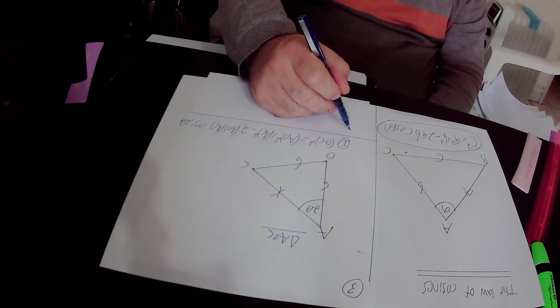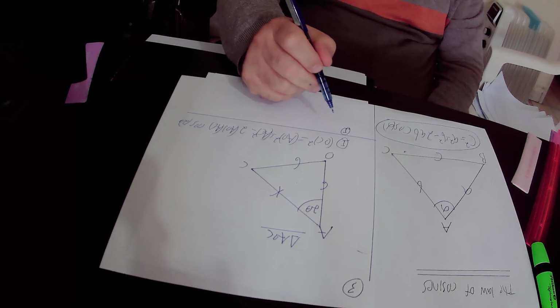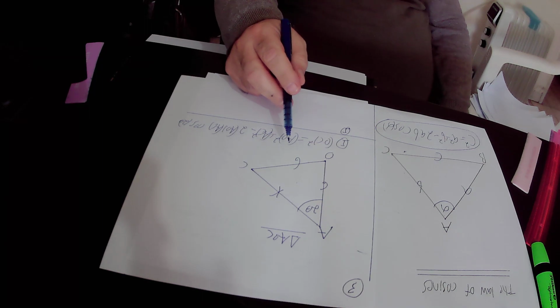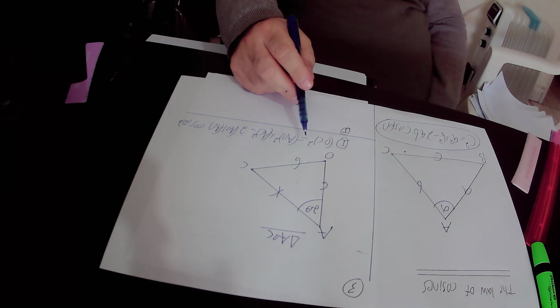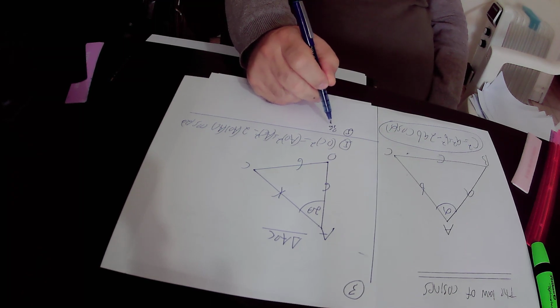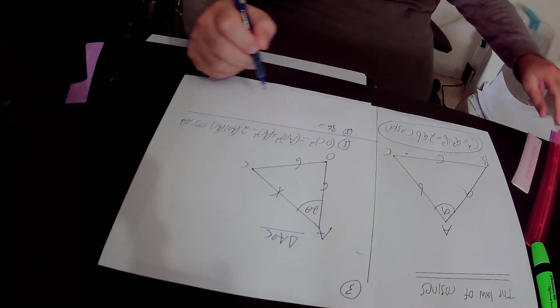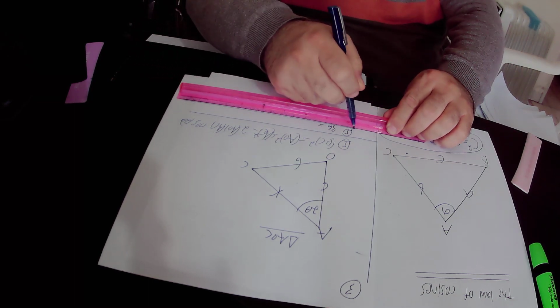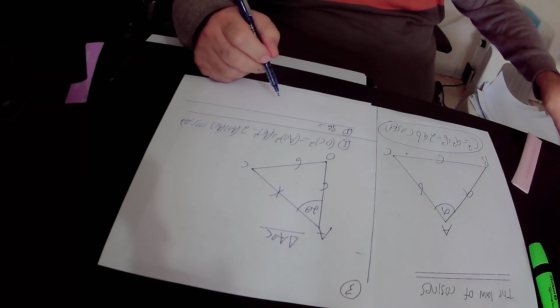So here, OC equals 6 units, therefore OC square is 6 squared, that is 36. And it is equal to AO square.